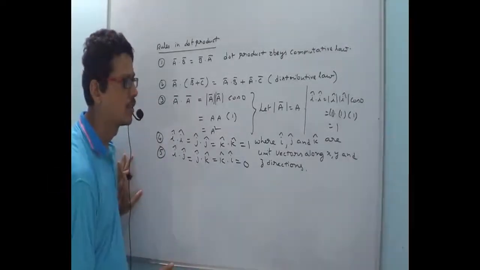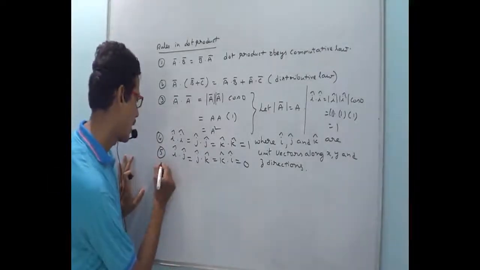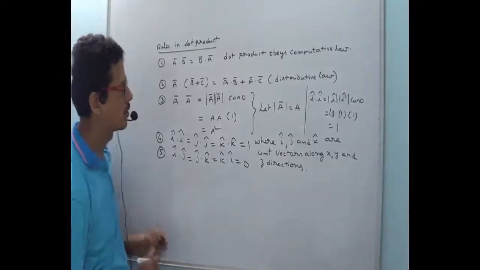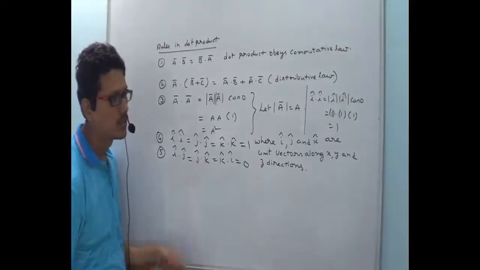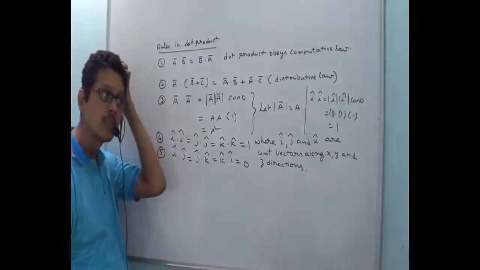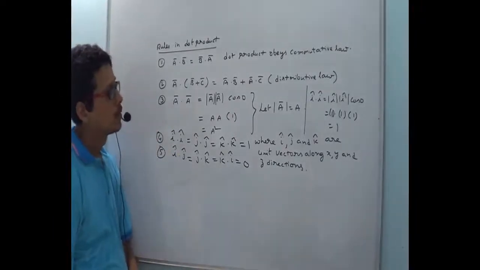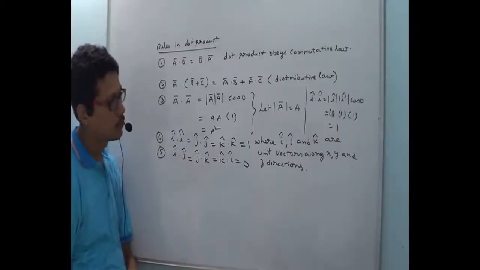Next, first you note down this. There are 5 rules, and I will tell you the remaining ones; first you note it down. Just note down this. I'll just erase and write the remaining 2 points.